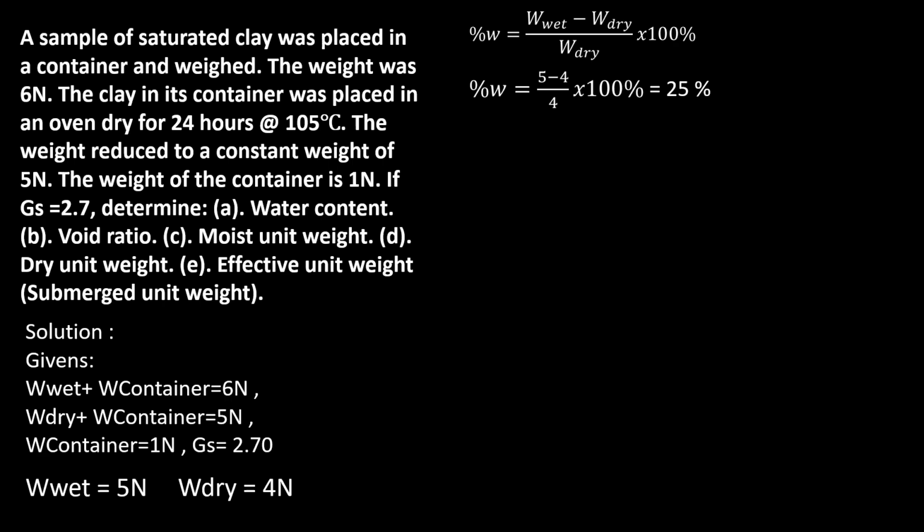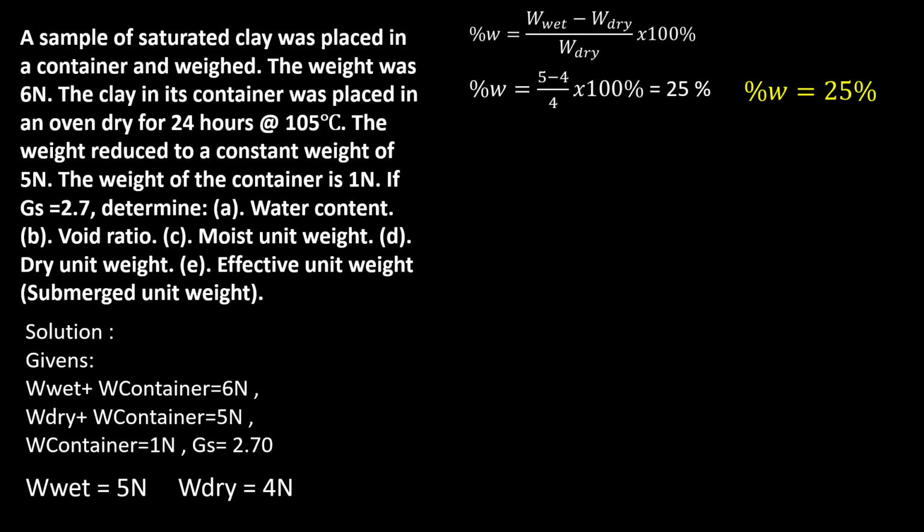Moisture content is equal to 5 minus 4 all over 4 times 100%, for a moisture content of 25%. Finally, our moisture content is equal to 25%.